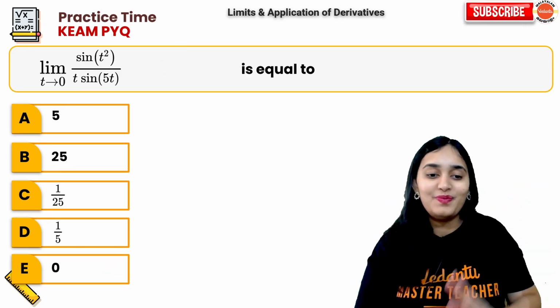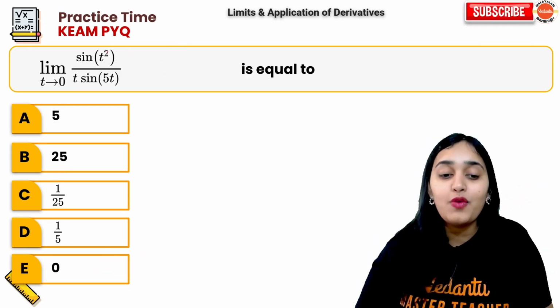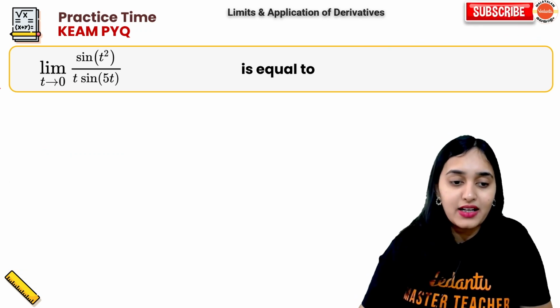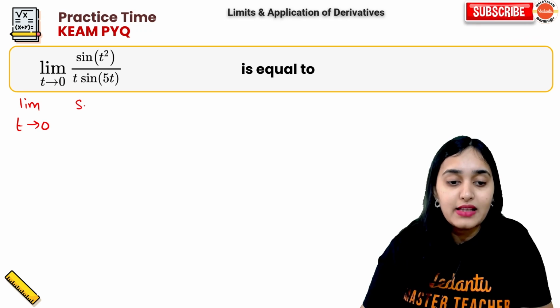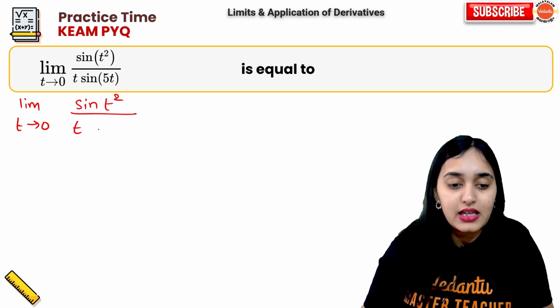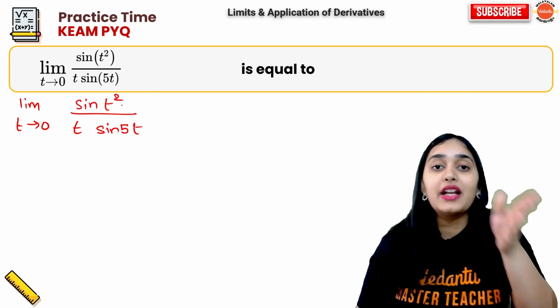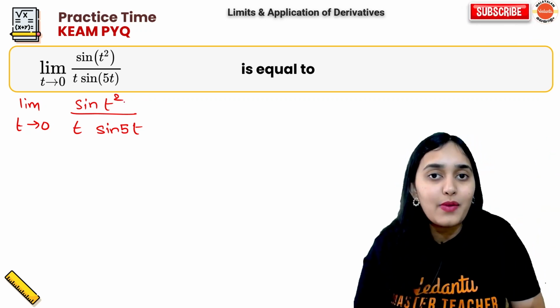L'Hospital's rule. Next, as soon as I see a sine function, what is the formula? The formula is limit of sin x upon x is equal to 1. So if my function is limit t tends to 0, sin t square upon t sin 5t, I need to convert it into the form sin t square by t square.